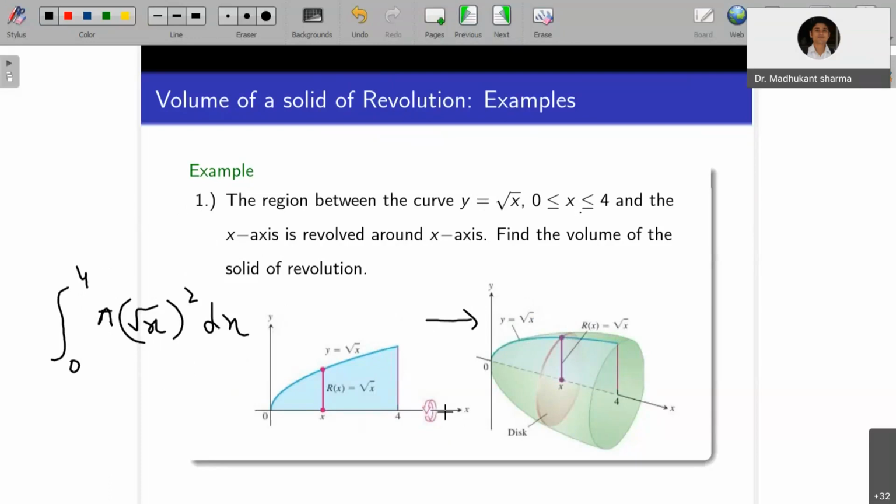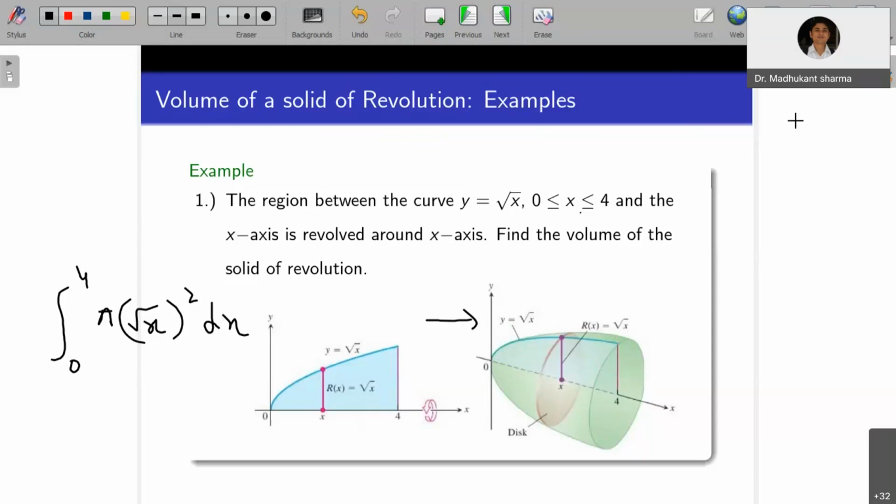Now the question is, that was when the region is revolved around the x-axis. Now if it is the y-axis, this complete shape can be in the y-axis direction, or y becomes the axis of revolution. Then what you will do?